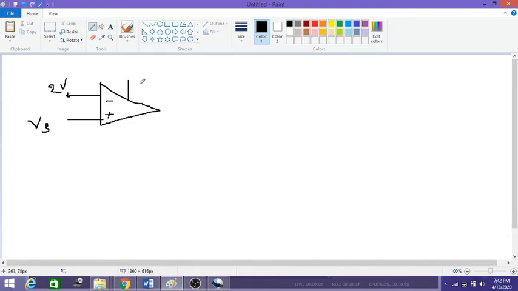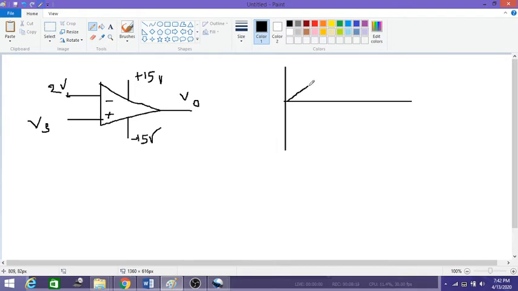Let us consider the reference voltage as plus 15 volts, and the negative reference is minus 15 volts, and the output V0. Here Vs is given as a triangular wave like this. It reaches a maximum peak of 5 volts and a negative peak of minus 5 volts, and this is 0. So this is my Vs.